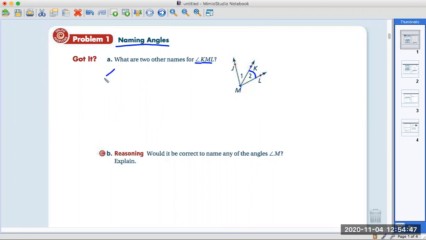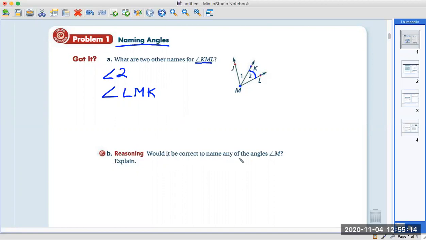I can call it angle 2, using the number. I cannot call it angle M because there are two angles attached to it, but I can reverse the order of the letters: L, M, K, as long as M is in the middle. The vertex has to be in the middle. So those are two other ways.